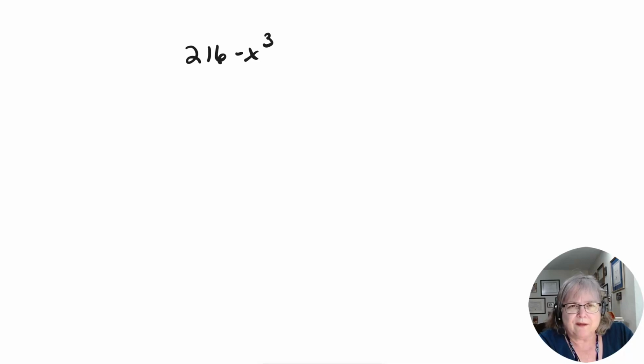Maybe 6. Okay, 6 times 6 is 36. So 6 cubed is 36 times another 6, right? And this 6 times 30 is 180, and 6 times 6 is 36, so that's 216. Yeah, that would be it. Okay, so this is 6 cubed minus x cubed.